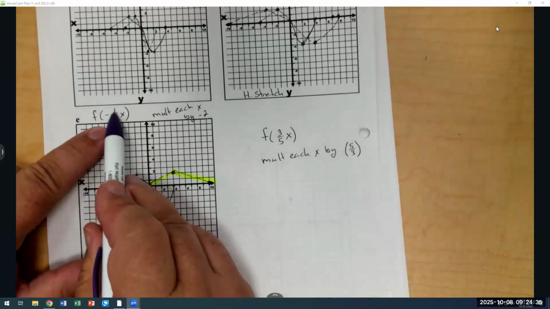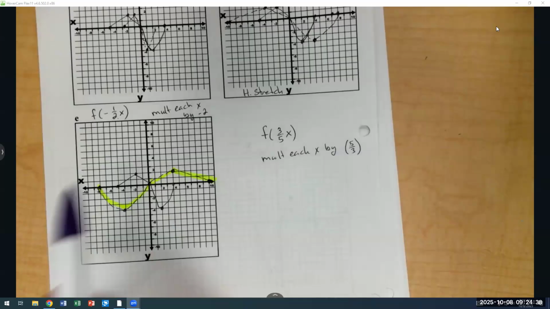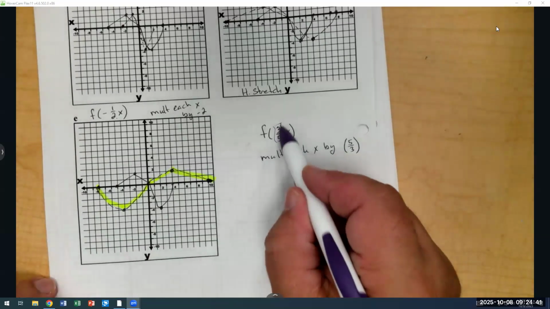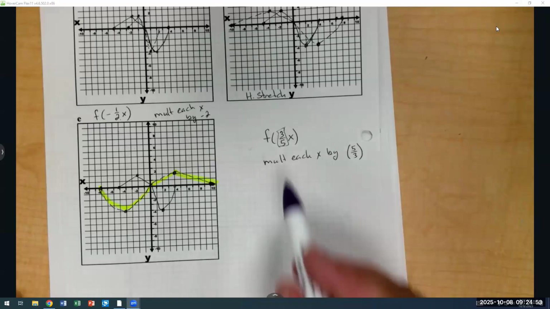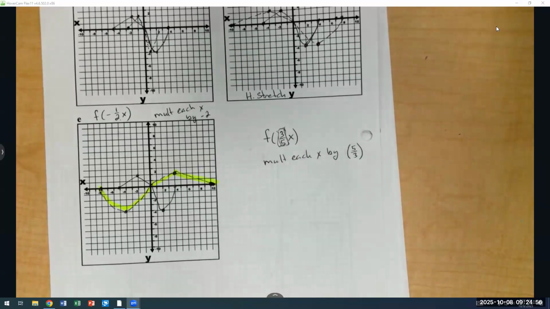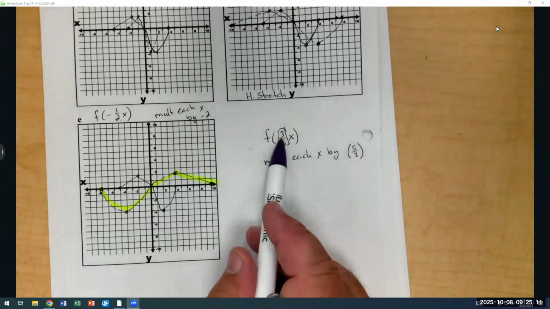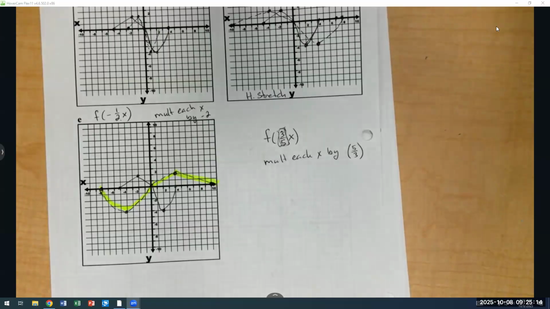The reason this one is 2 is because we take 1/2 and flip it, it's 2. So whatever you have here, flip it, and that's what you multiply each x value with. It's not always the bottom number. It's the reciprocal of that fraction. So here we multiply each x by negative 5/3. The sign doesn't change. All the sign does is tell you whether it's left or right, up or down.